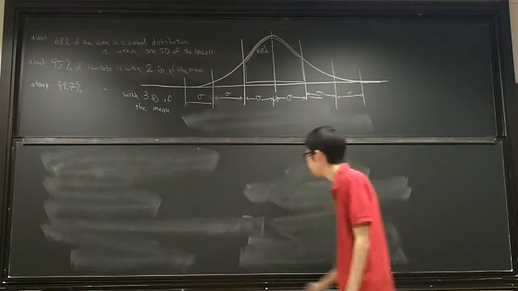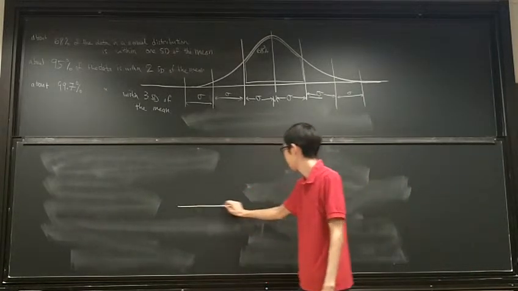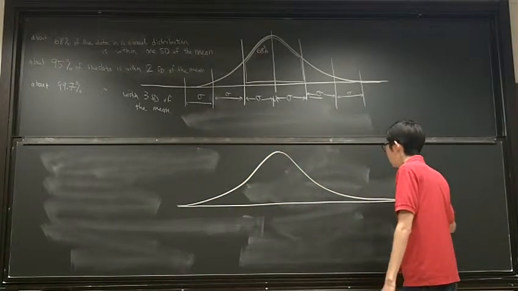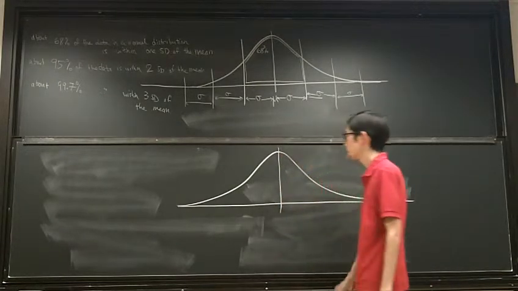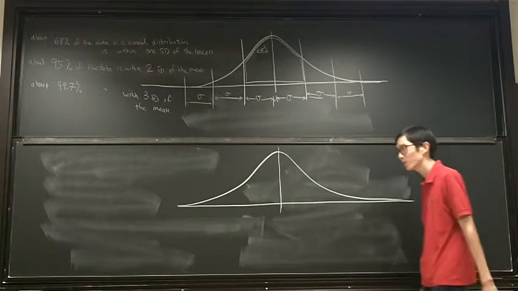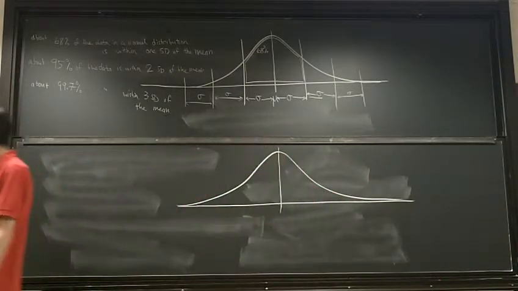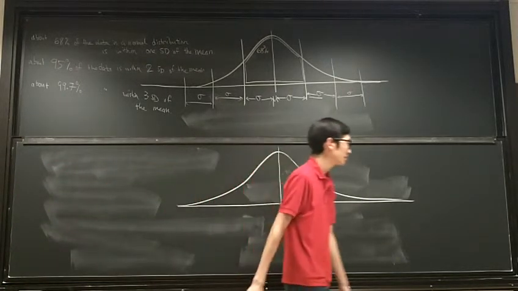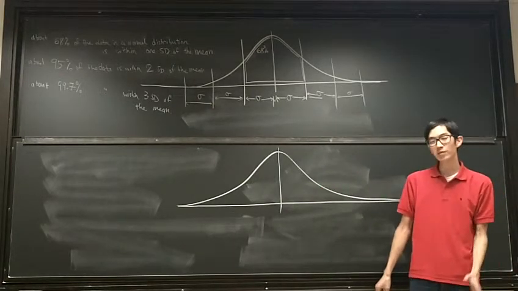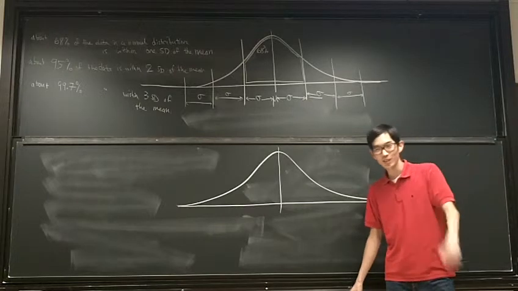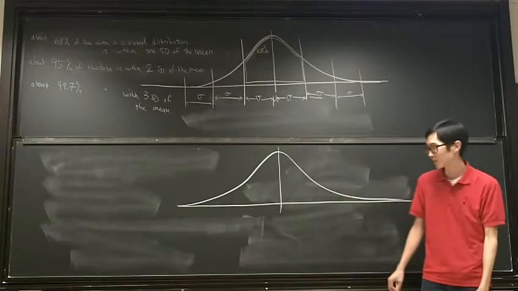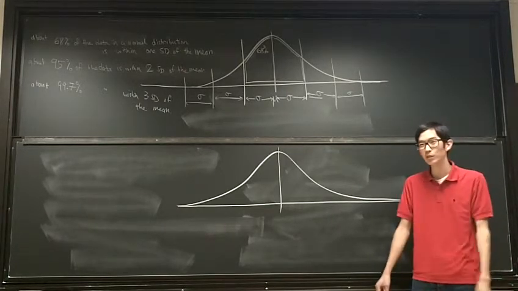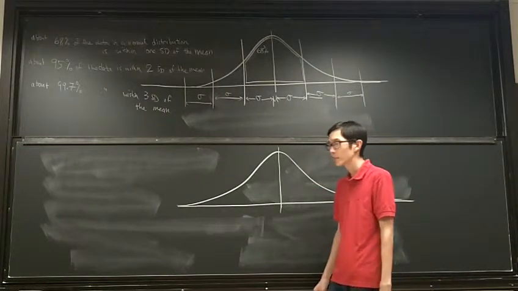Okay, so let's try an example using real numbers here. So are we familiar with how tall people are? Let's do women in the United States. The average height of a woman in the United States is somewhere around 64 inches, about 5'4".